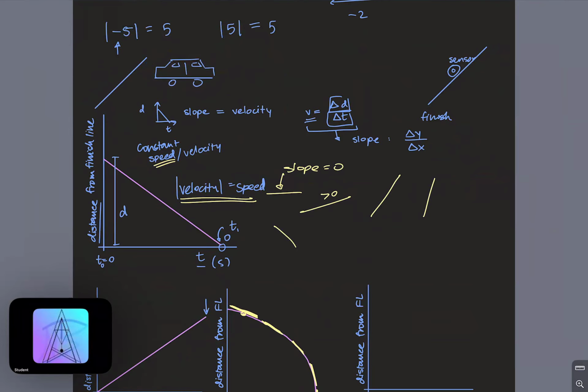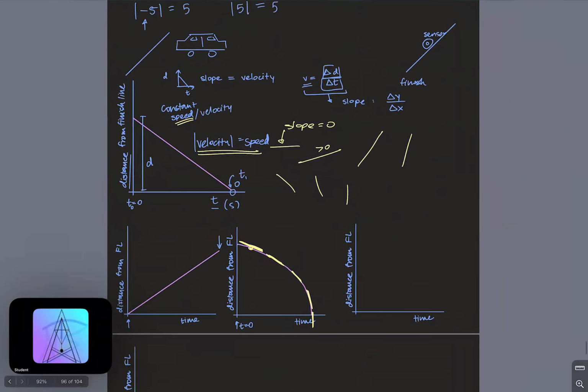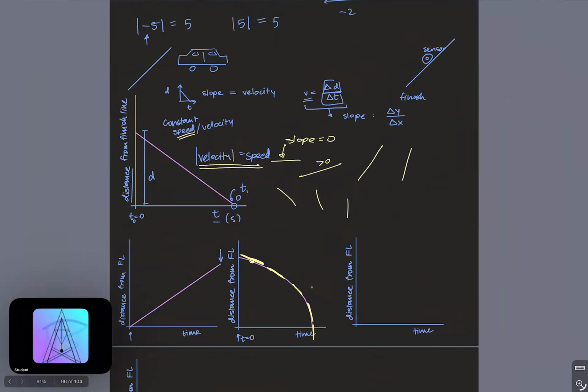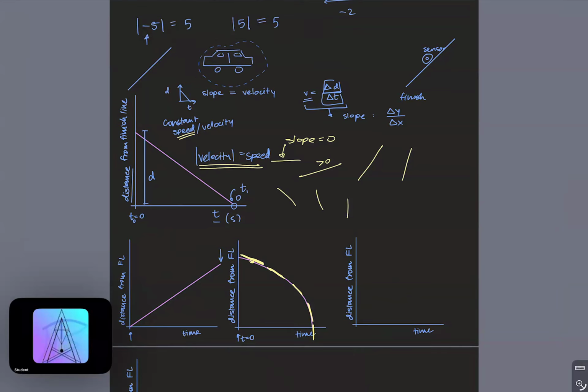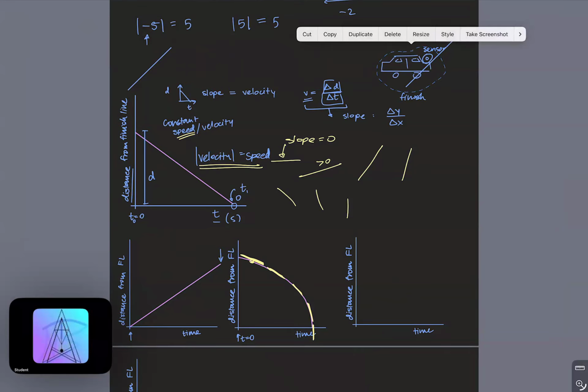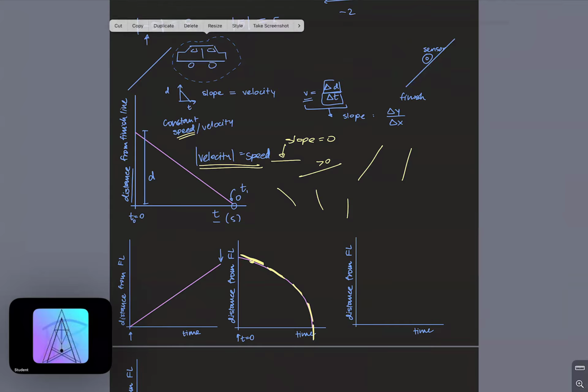And once you start getting steeper and steeper, the magnitude increases. So what the car is doing in this scenario is that it starts out slower and then it speeds up at the end. Correct. Okay, perfect.